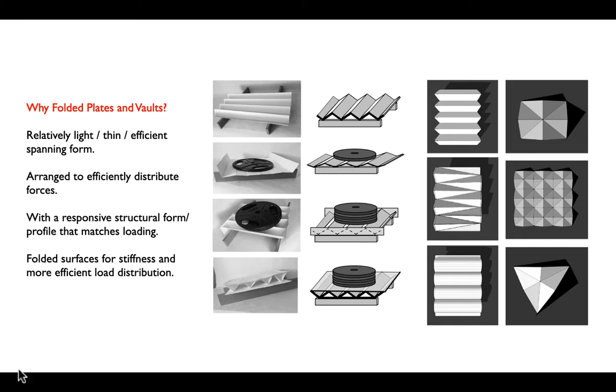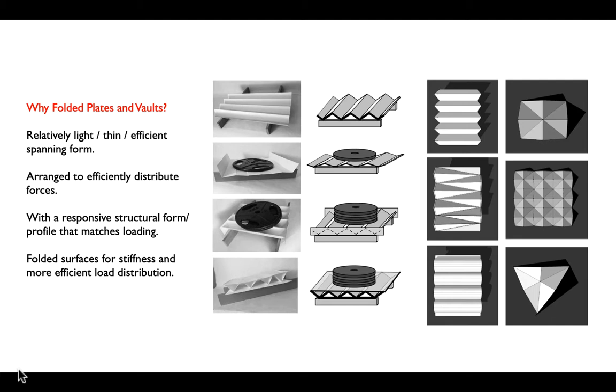So the reason we would do this is that, first of all, they're thin, relatively efficient, and because we're combining these two functions, we're sort of killing two birds with one stone. We can design them to be very effective, very efficient in how they carry a load over a span. And because all we're worried about really is the depth, we have a huge range of options for what the geometry of the folded plate can be.